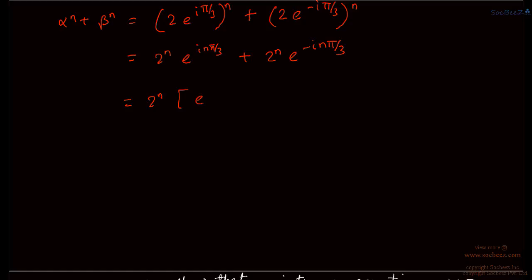Now let us simplify this. We get 2 power n into e power I n pi by 3 plus e power minus I n pi by 3.